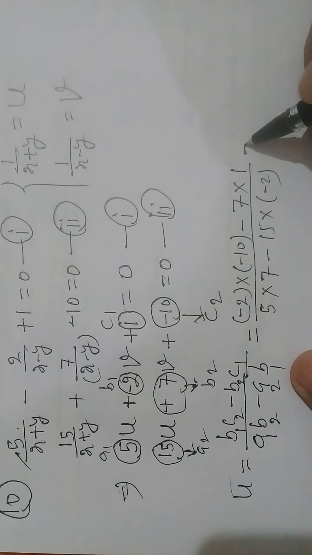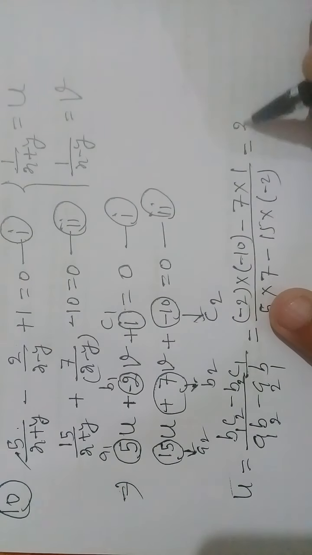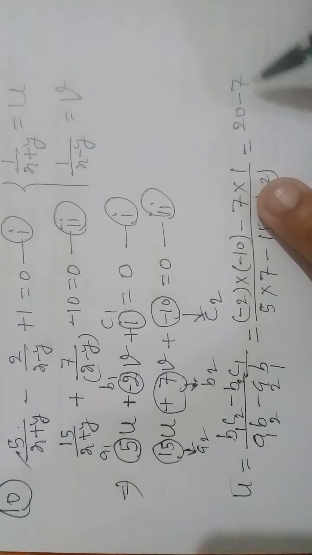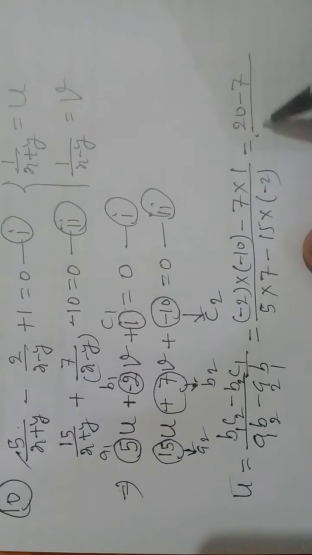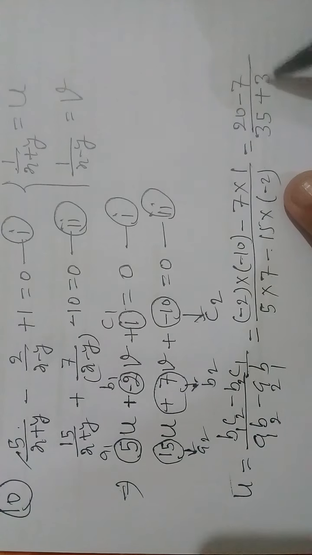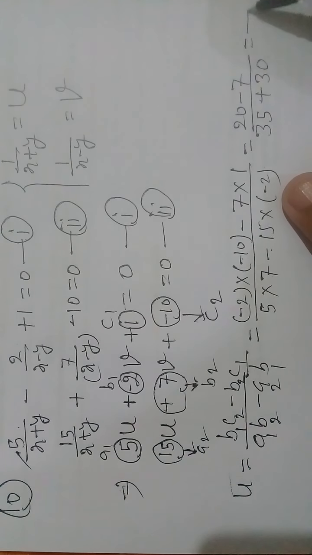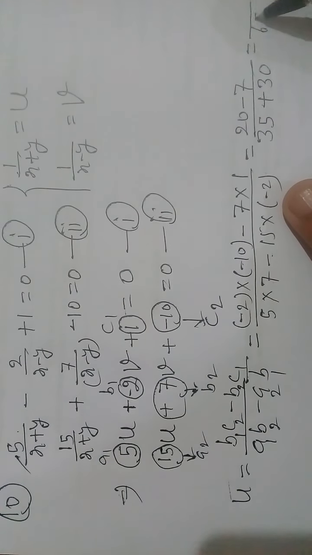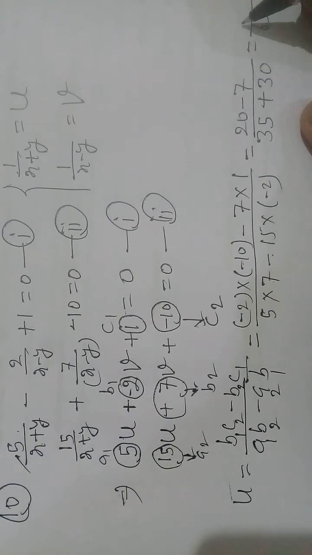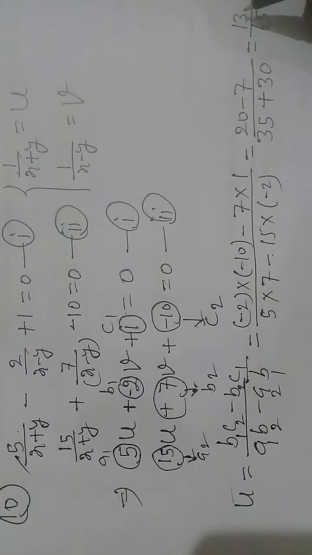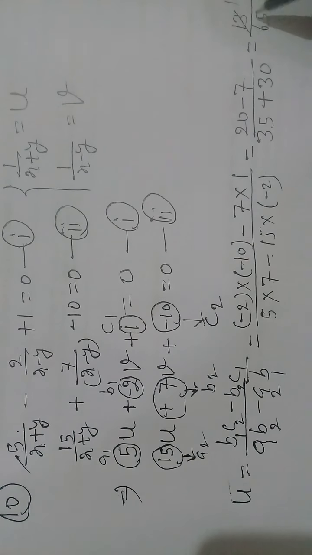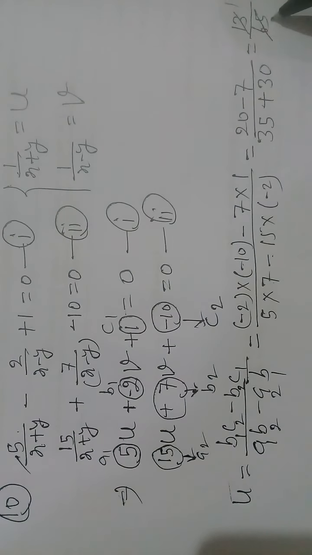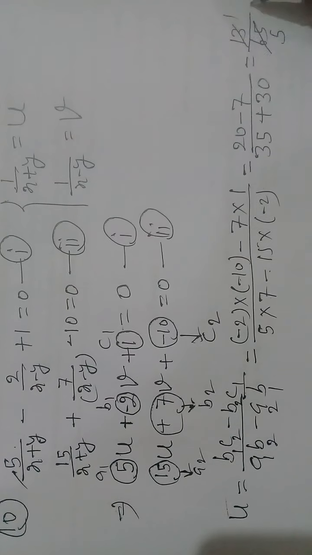This equals 20 minus 7 over 35 plus 30, which is 13 over 65. That gives 1 times 13 over 13 times 5, so u is equal to 1 by 5.